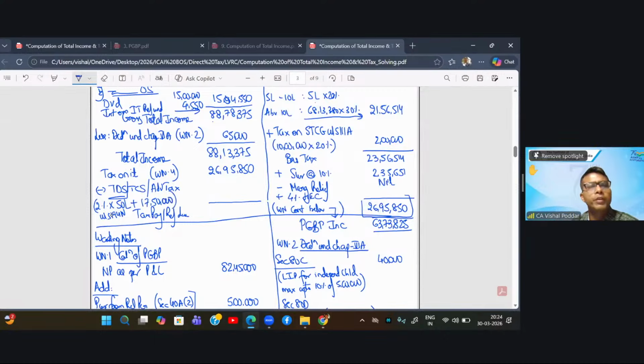So 1750 plus 2% of 50 lakhs, which will be 1 lakh. So it will be 1850. So whatever remains, 845, 850, is your balance tax payable. Right, students?